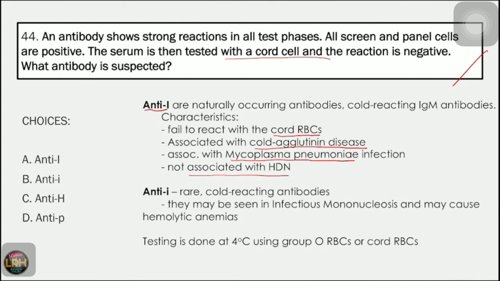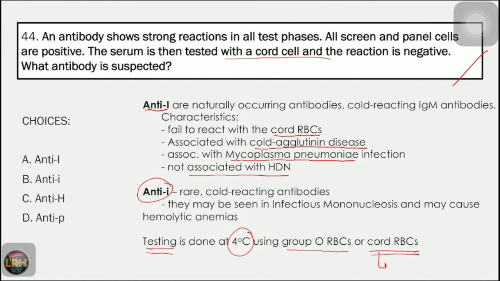So other antibodies, we have the anti-i, a rare cold-reacting antibody, which is seen in infectious mononucleosis infection. So this may cause hemolytic anemias, unlike anti-I. The testing to identify anti-I is done at 4 degrees centigrade using group O red blood cells or cord red blood cells.